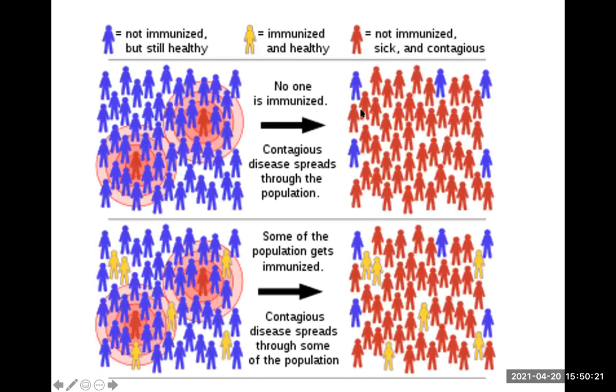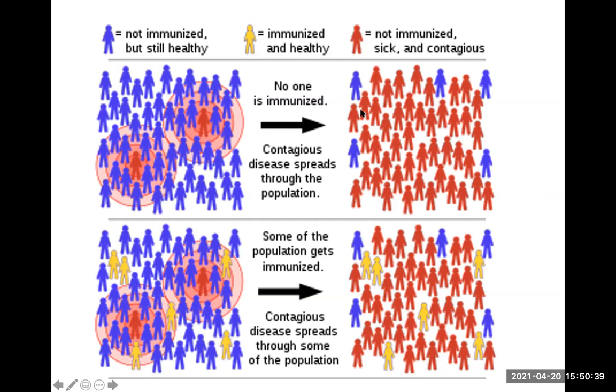So here we have a group on the left. The blue people are not immunized, but they're healthy. Then you have a few people who are red, and these are also not immunized, but they are sick.